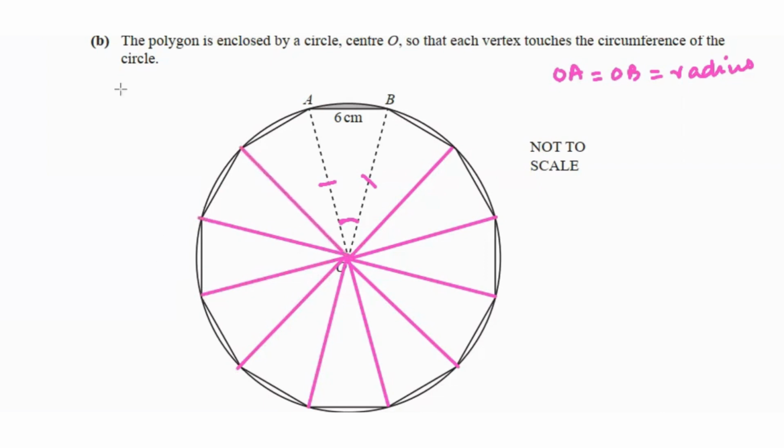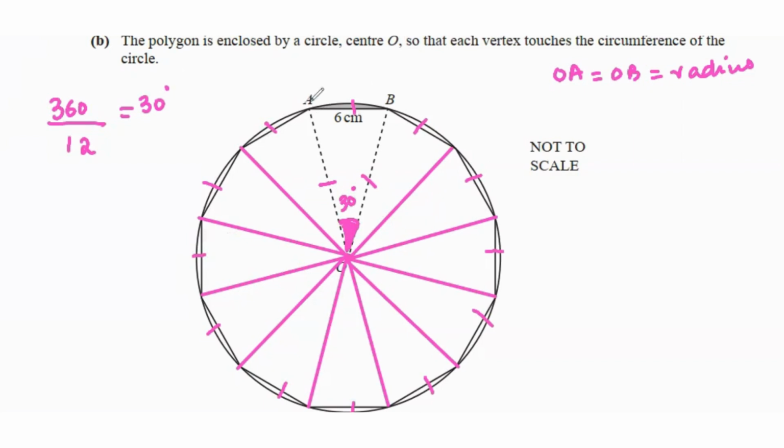We have 12 equal triangles over here. 1, 2, 3, 4, 5, 6, 7, 8, 9, 10, 11, 12. And all of these angles are equal. So I'm going to find this angle over here by doing 360 over 12, which is going to give me 30 degrees. So this is our angle 30.